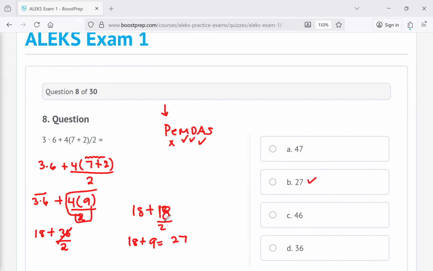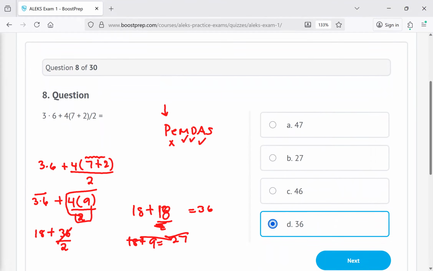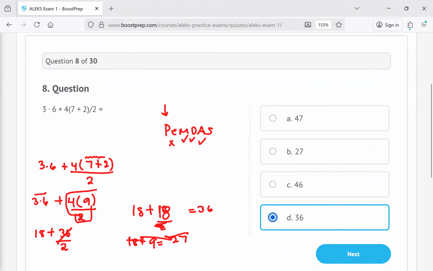So you don't divide by 2 twice. So now it's really just 18 plus 18, which is 36. Wow. See how easy it is to make a mistake? Okay, that was D.